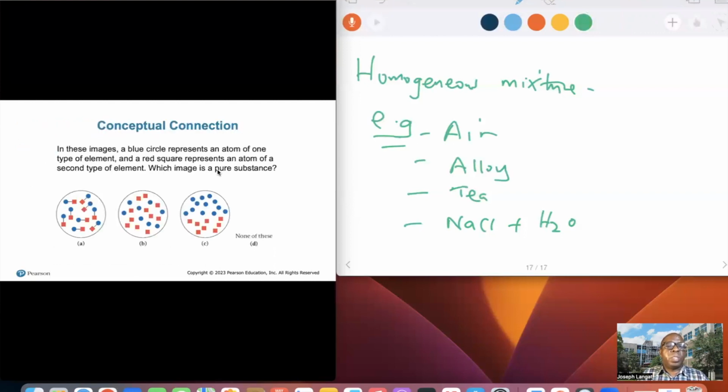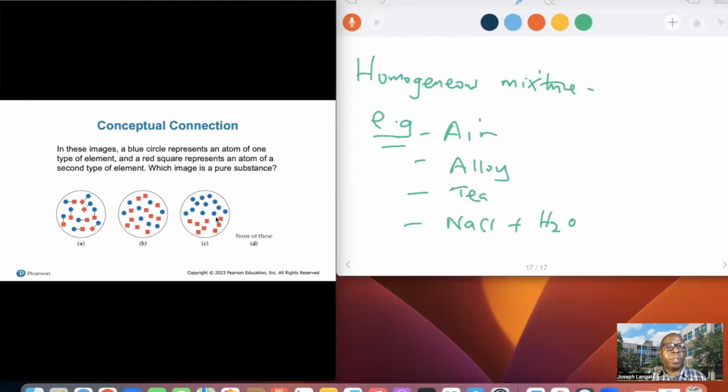Conceptual question, this requires you to think. In these three images you see here below, a blue circle represents an atom of one type of element, and a red square represents an atom of a second type of element. Which image is a pure substance? If I look at this, it is a mixture. They don't form a chemical compound.